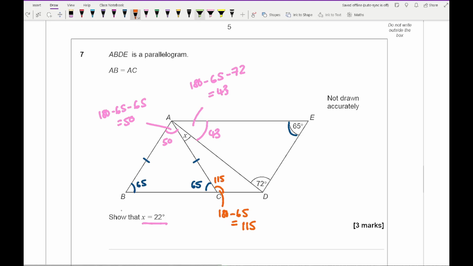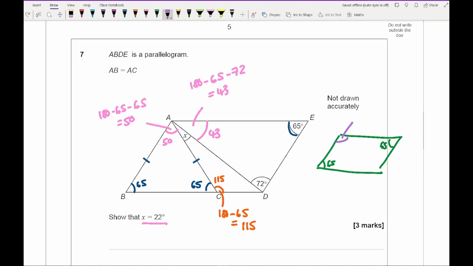And what I also know is that when we have a parallelogram, opposite angles are the same. So this is 65, this is 65. So to work out what this angle here is going to be, angles in a quadrilateral add up to 360.